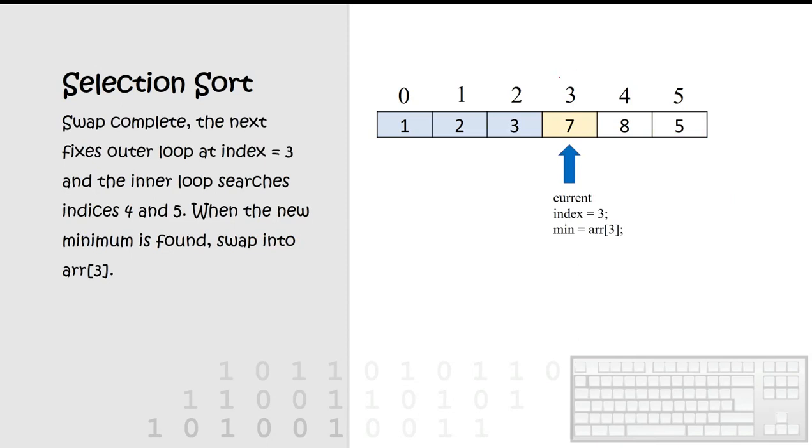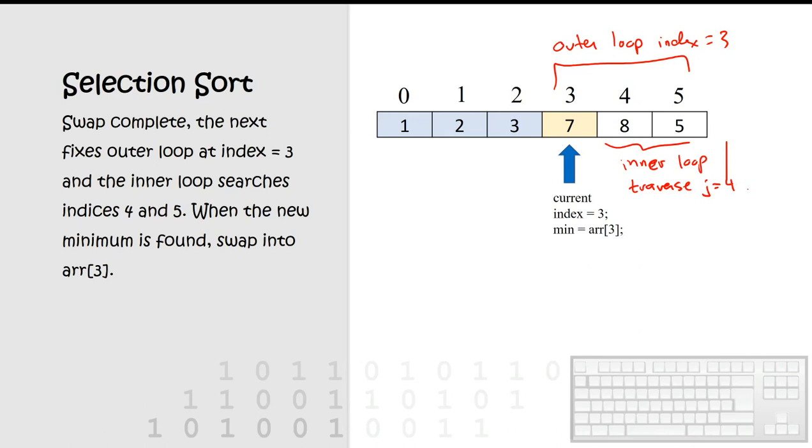So now we see that our outer loop has the index equal to 3. The inner loop is going to traverse 4 and 5. Right now, our current minimum is 7, and it's going to compare it to 8, and then it'll compare it to 5.